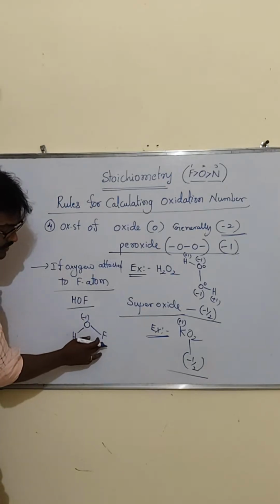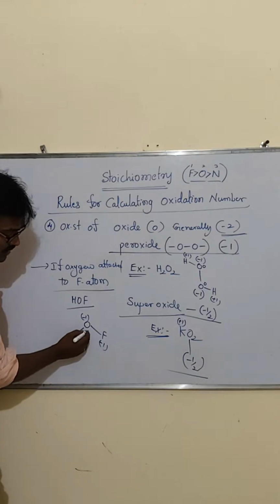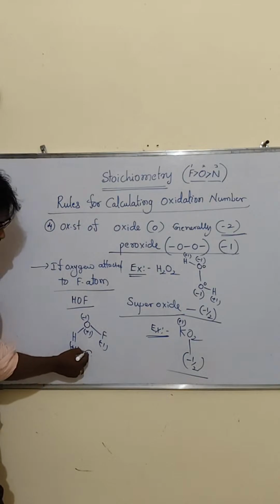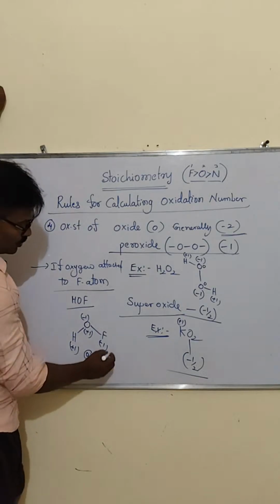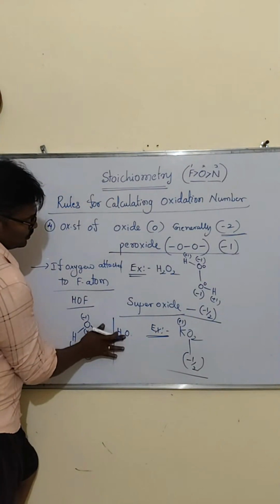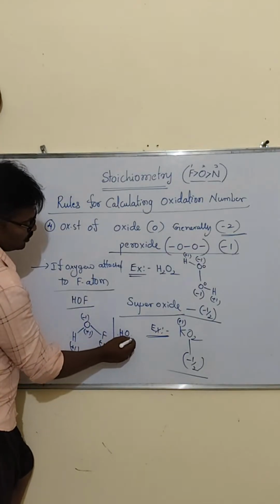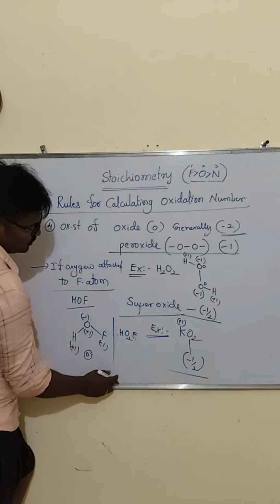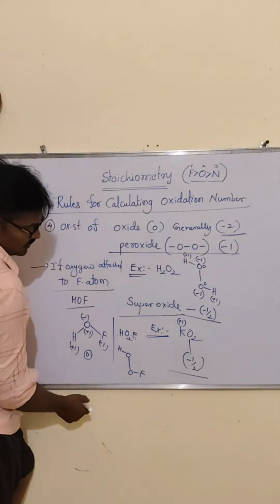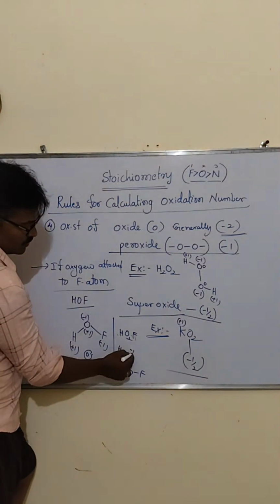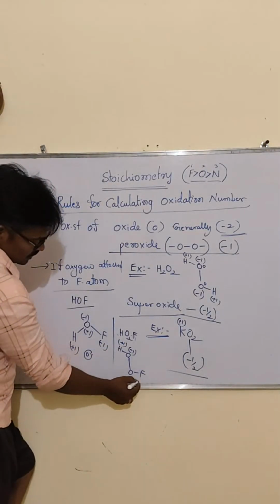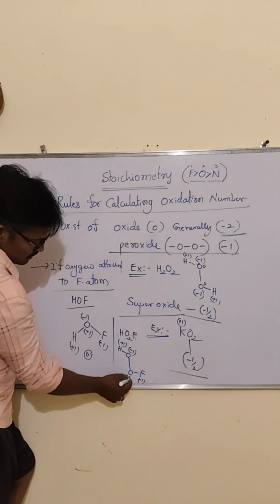Here in this case -1 oxidation state, here +1 oxidation state. So -1 plus +1, if you add the two, it becomes 0 oxidation state. So when you take H2O2, HOF, if you take oxygen, then fluorine, then hydrogen: here oxygen shows -1 oxidation state, then +1 oxidation state. Fluorine is the most electronegative, so -1 oxidation state, here +1 oxidation state.